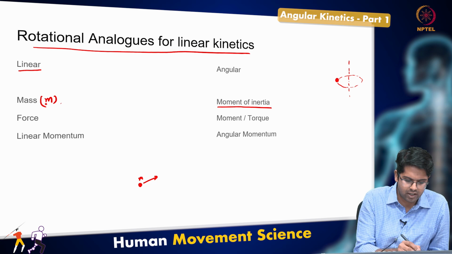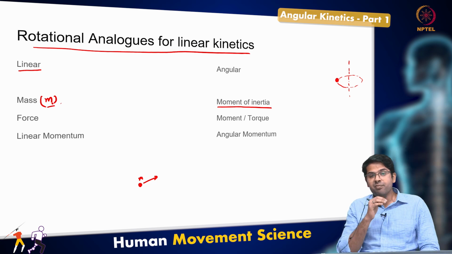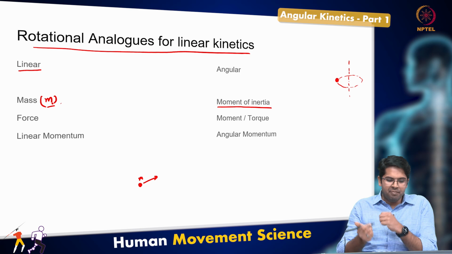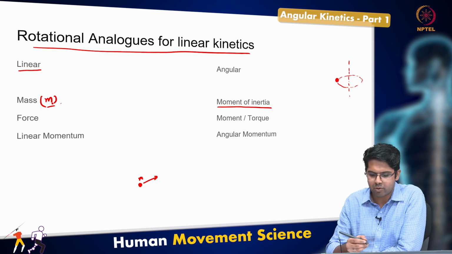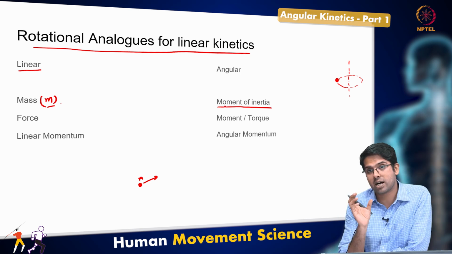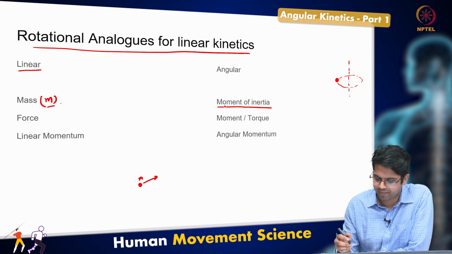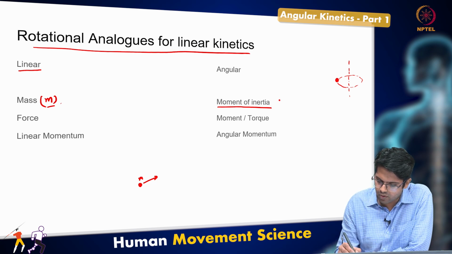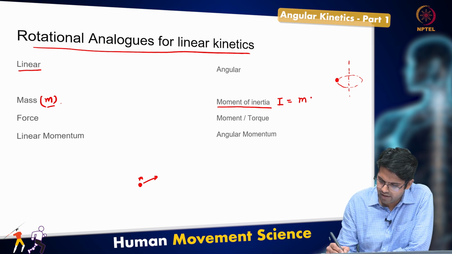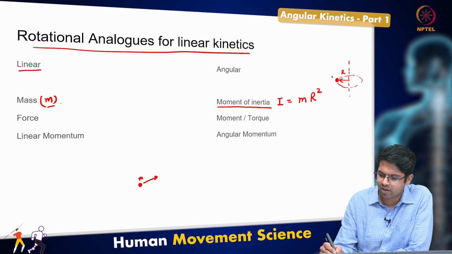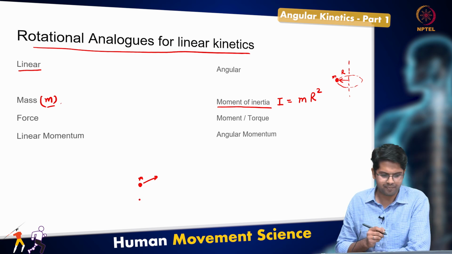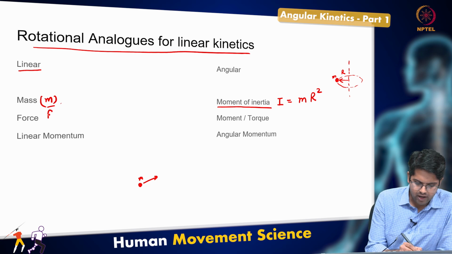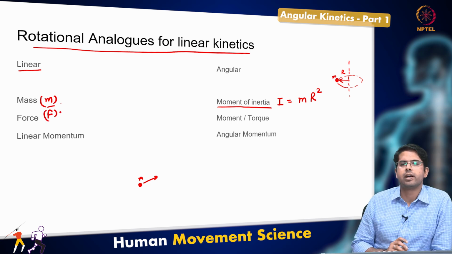Inertia was quantified by the mass of the body. The moment of inertia is quantified by m r squared, where r is the distance to this mass m. Same way, we have a force in the linear system.